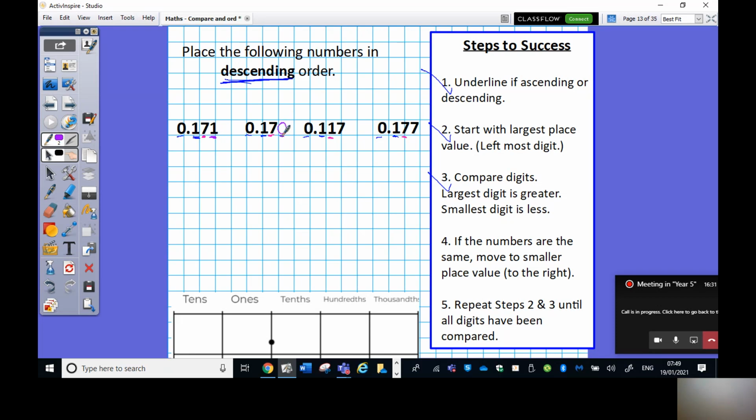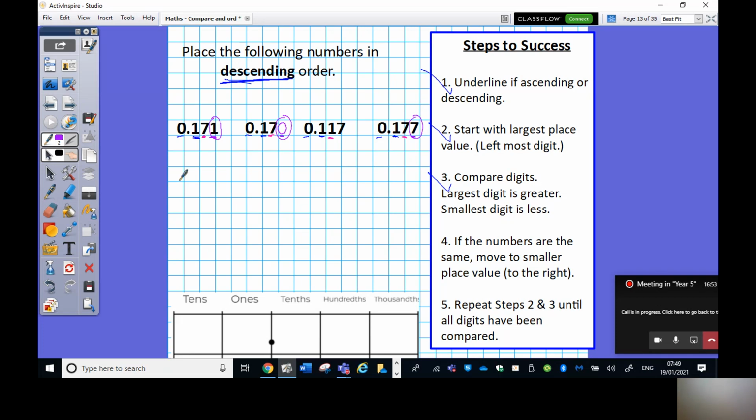So that's 0. We have 1, 0, 7 and 7. This one we're not going to do because we know that the hundredths are lower. Right, so out of these, which one is the greatest?